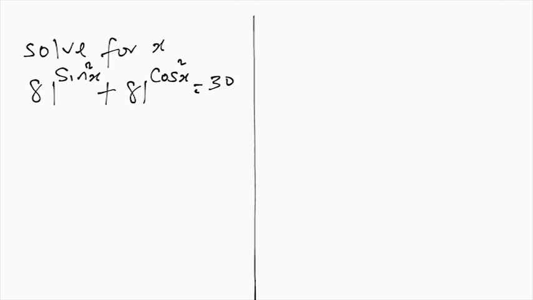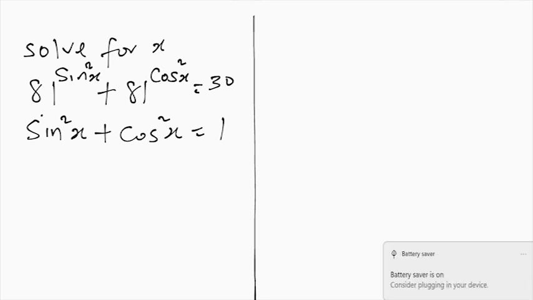The first thing I want us to do is, in trigonometry, we know that sine square x plus cos square x equals 1. So it's a known identity.